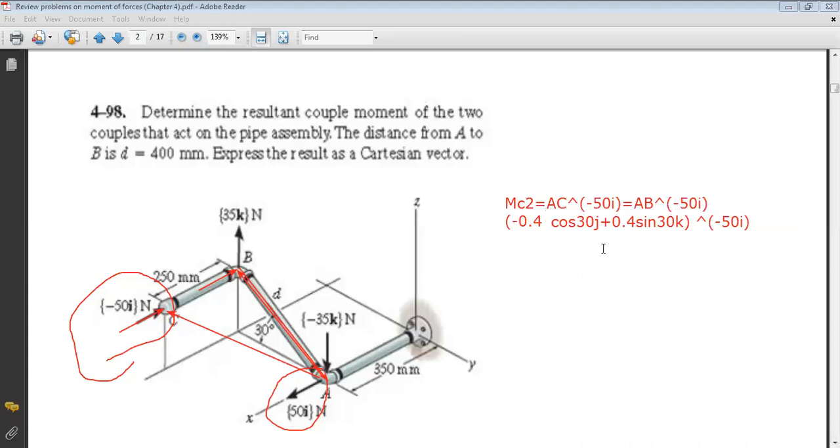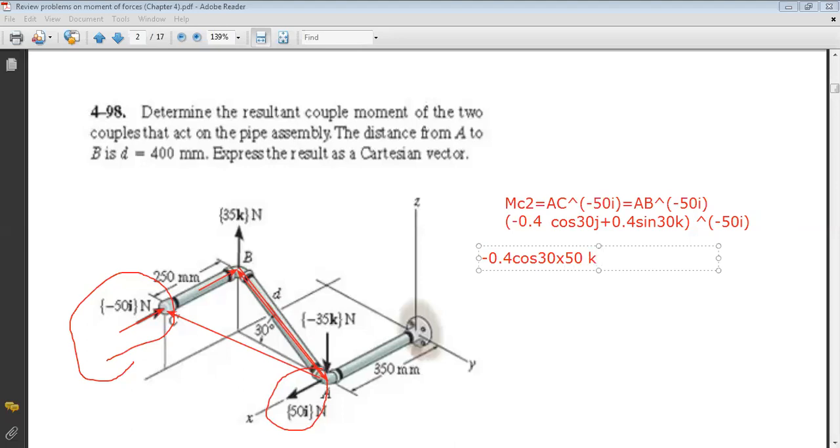So I will start first by J vectorial I. J vectorial I is minus K. Okay. But I already have minus minus plus, so it's minus in total. So I have minus 0.4 cosine 30 times 50 along K.